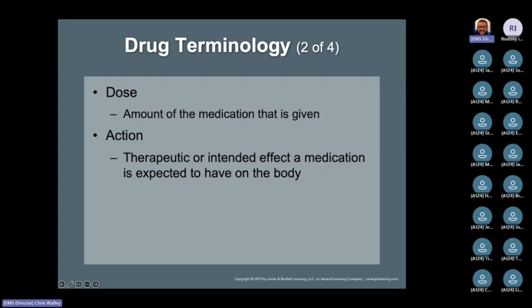So I have to know what the desired action is. As you see there on your screen, it says action: the therapeutic effect, or intended effect, that a medication is expected to have on the body. So knowing that information is going to be very beneficial to us.